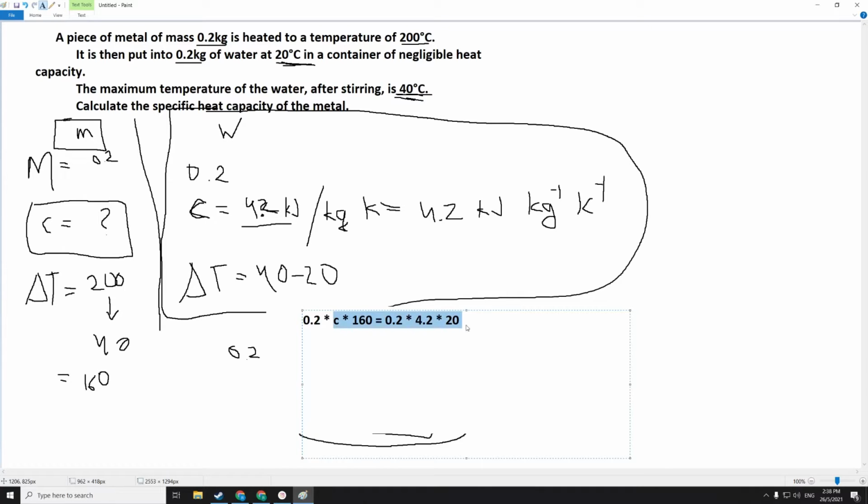From there, we pretty much got it. All we have to do is simplify. I have 0.2 here and 0.2 here, so I'm just going to remove both of them because they're the same mass. So now we have that.